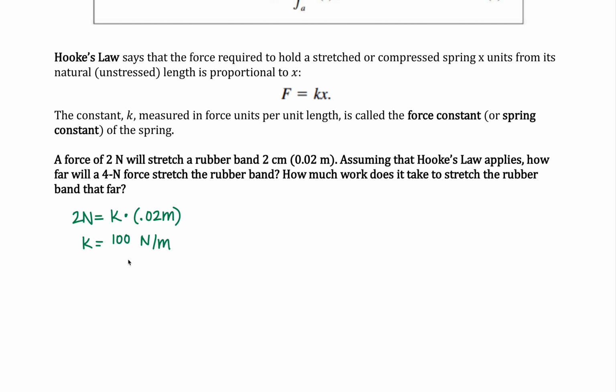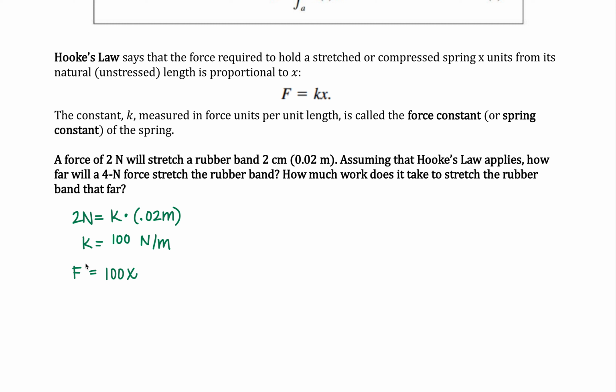Now we have a value for k, so we can put it into that Hooke's law formula. In this case, F is equal to 100 times x. To answer that first question, how far will a 4 Newton force stretch that rubber band?